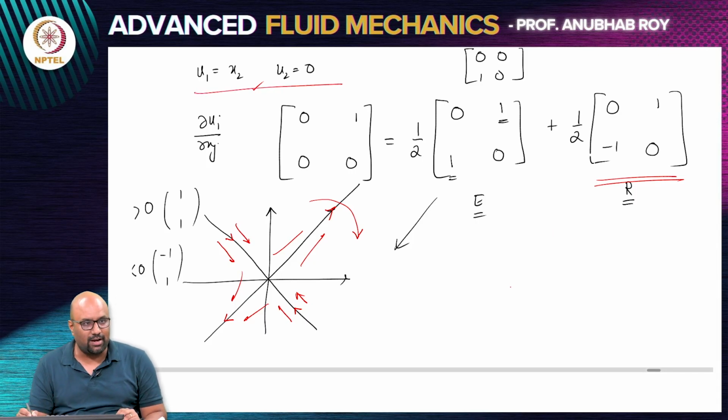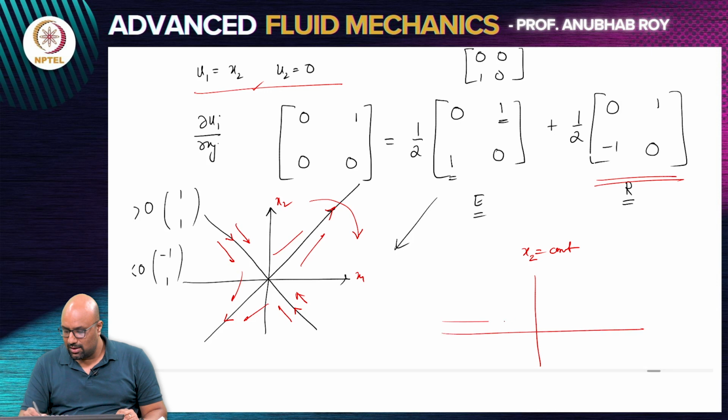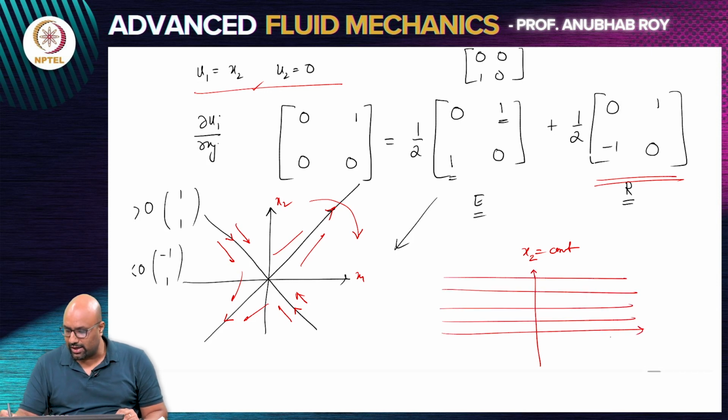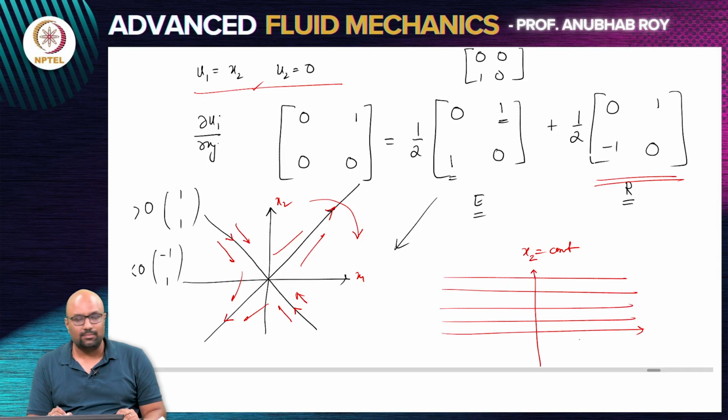When you did the streamlines for this problem, they were lines of constant x2, which means all your streamlines are straight lines. This is what your streamlines will look like for this flow.